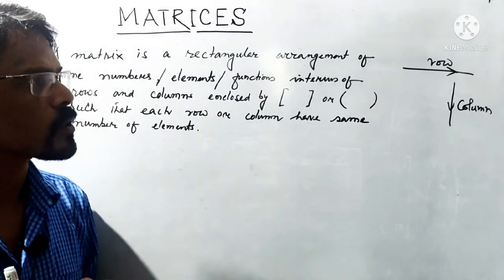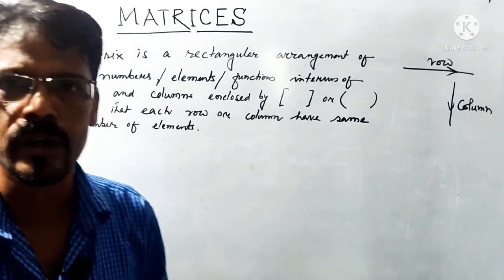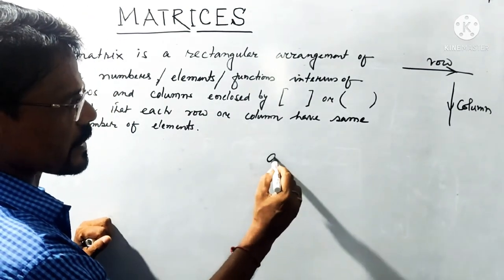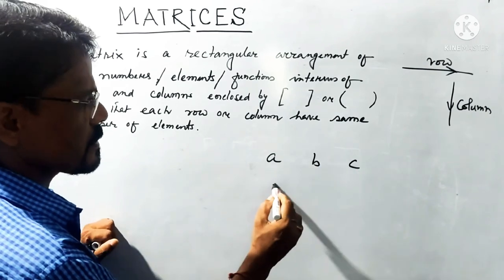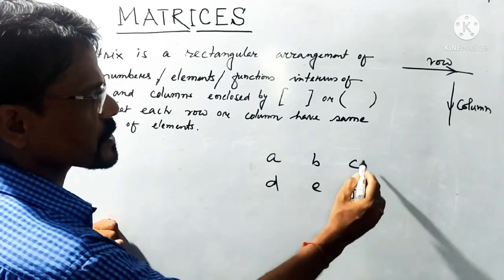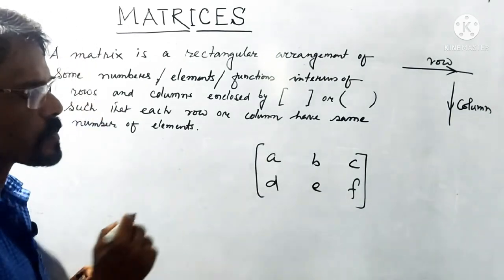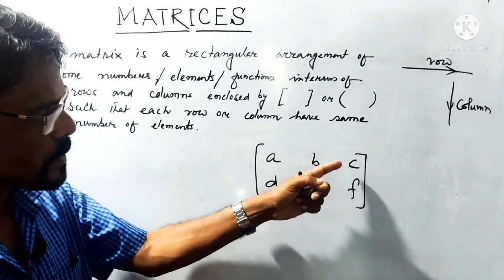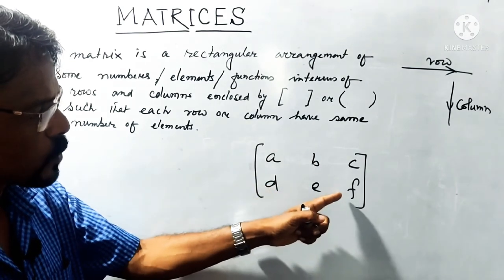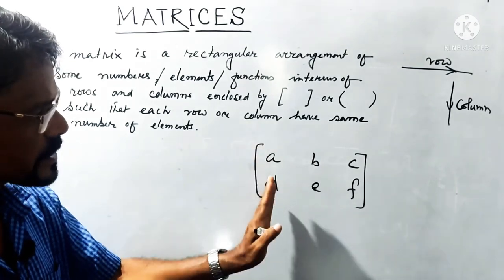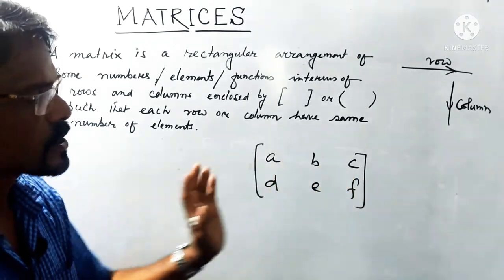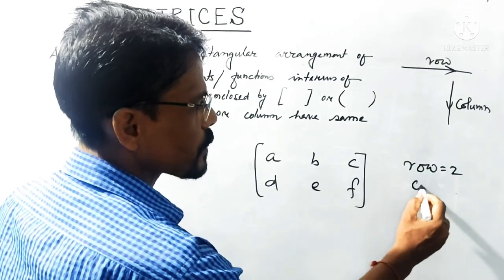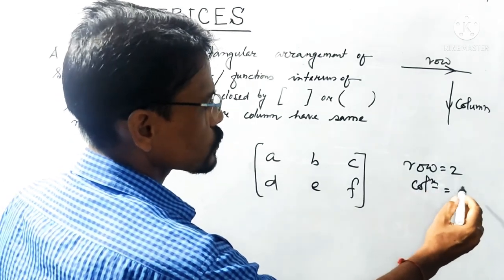Let me tell about the order of a matrix. What is called the order of a matrix? You see, suppose a matrix is written like A, B, C, D, E, F. This is a matrix, and for this matrix you see there are 2 rows, A, B, C first row, D, E, F second row, and there are 3 columns, A, D, B, E, C, F. So here the number of rows is equal to 2 and the number of columns is equal to 3.